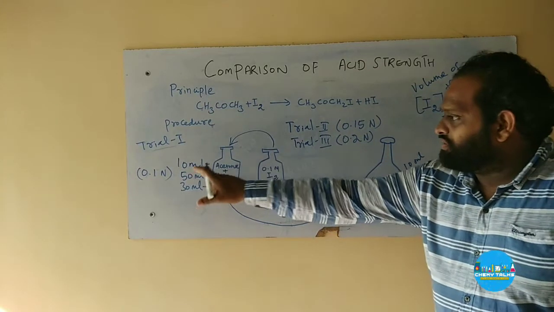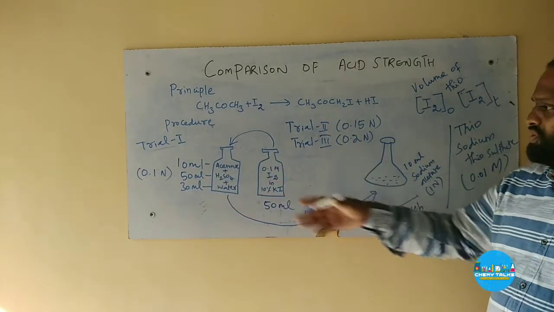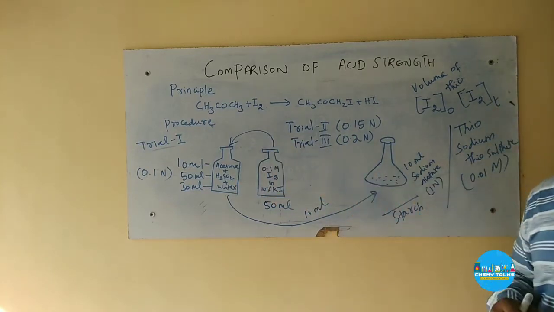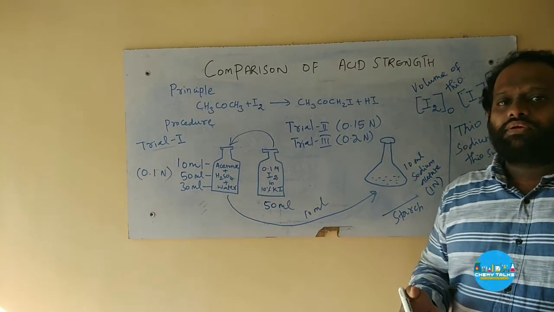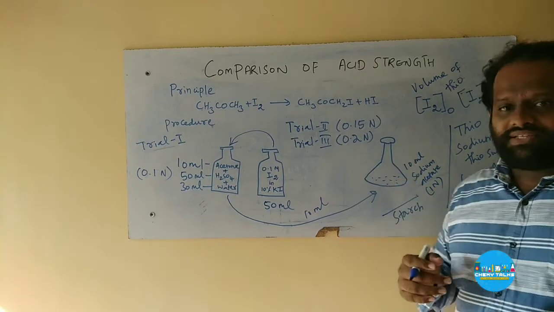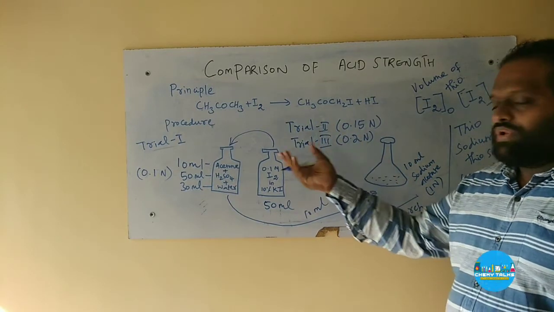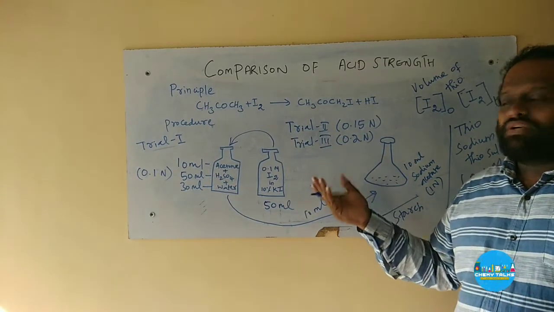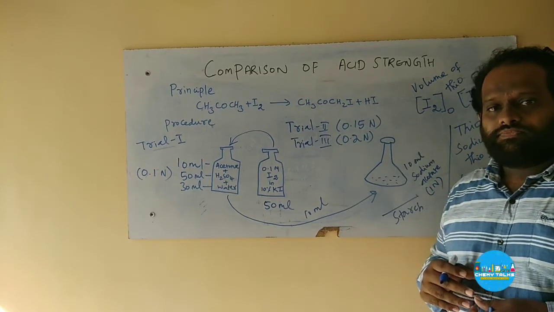By varying the concentration of acid, we can compare the strength of acid from the rate constant of this reaction.